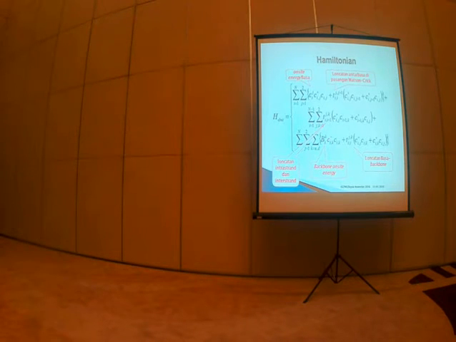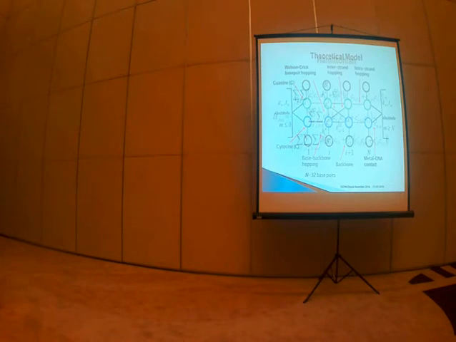And these terms represent that an electron can jump from one base to the other in Watson-Crick pairs. From this picture, the electron can jump from this to this. This is what we call Watson-Crick pairs.